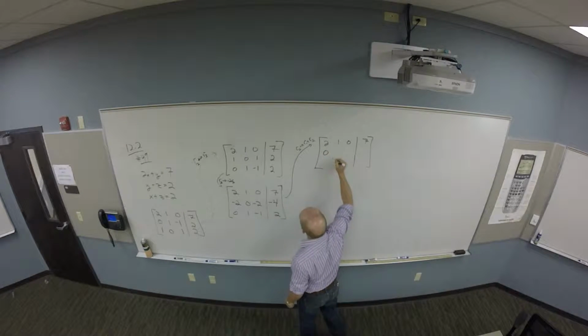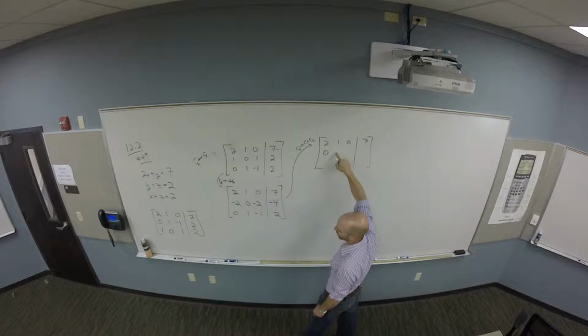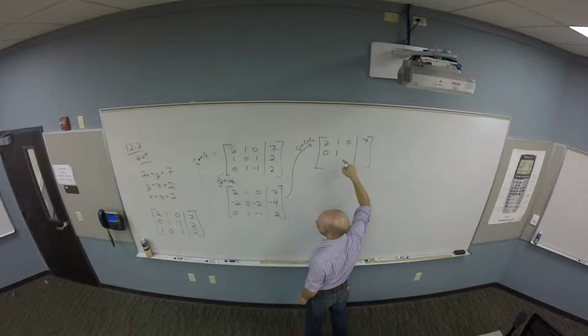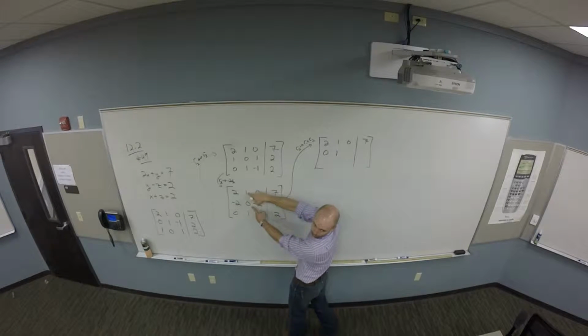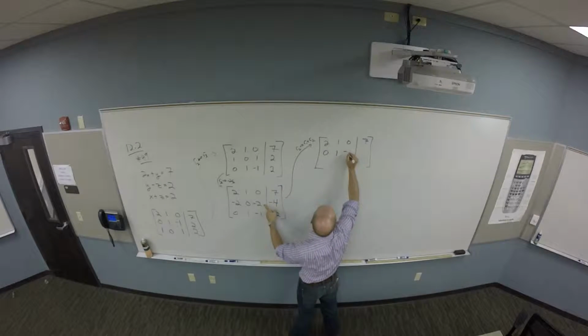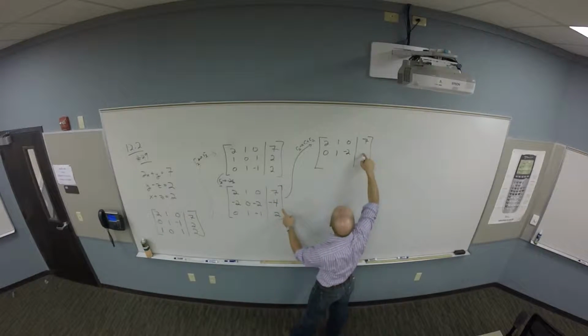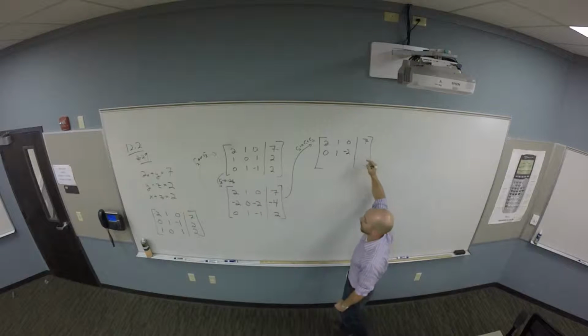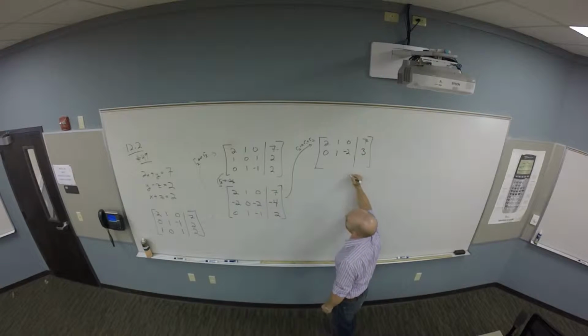Okay, I'm going to get a 0 here. What about here in the second position? We get a 1, right? That's 0 plus 1. Then you'll have -2. And here you'll have a 3. You guys see that?